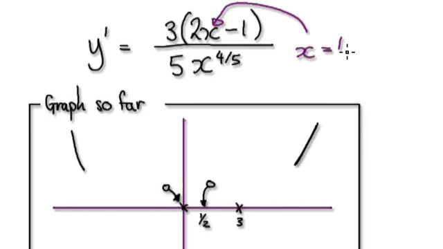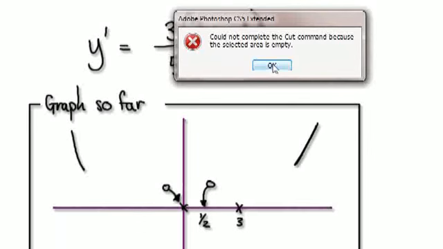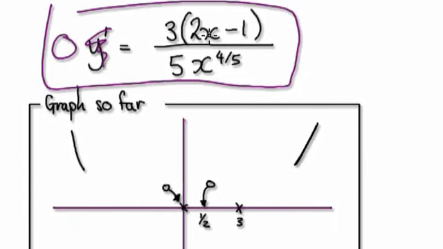So when you put x equals a half into this thing here, then this thing here will be 0, and then 0 times 3 will be 0. The point here is that you've got to set this to be 0. So find out when the gradient will be 0. So when you put a half into there, then the gradient will be 0.